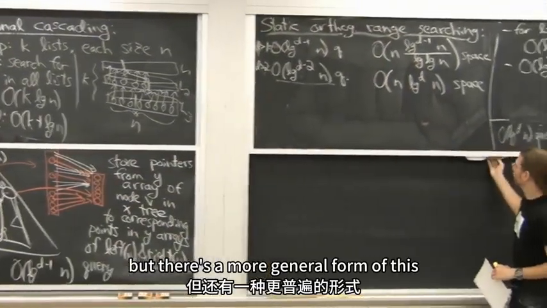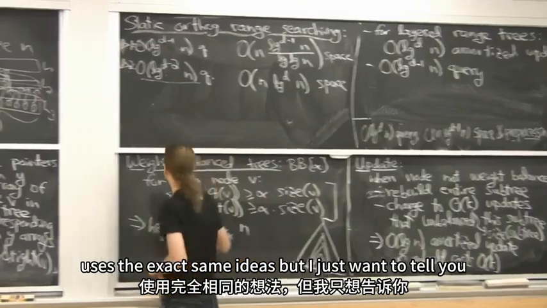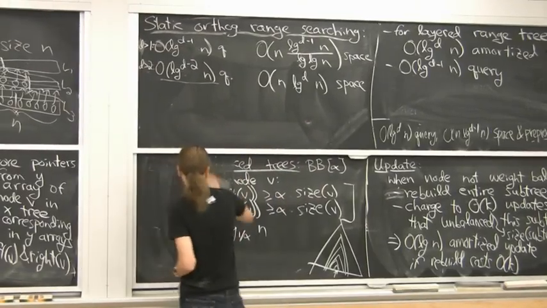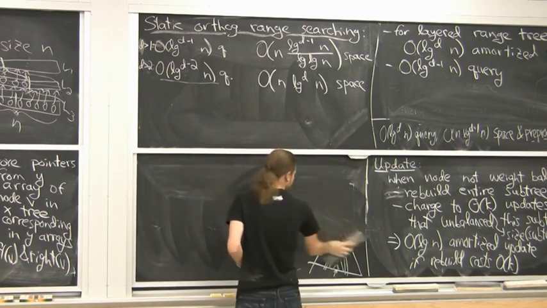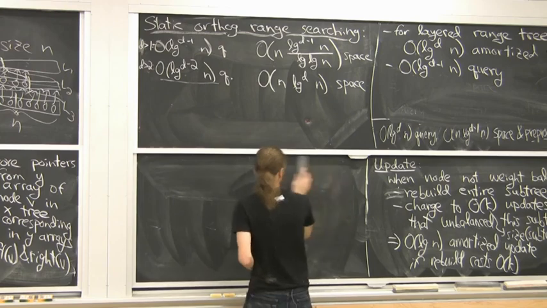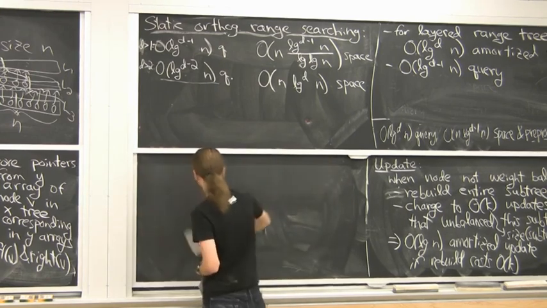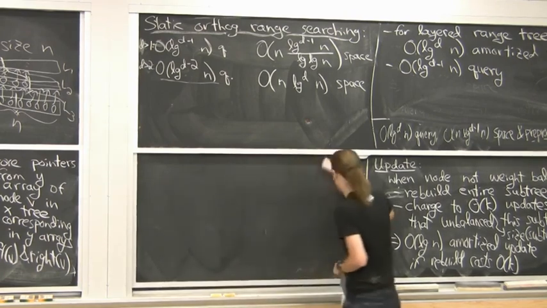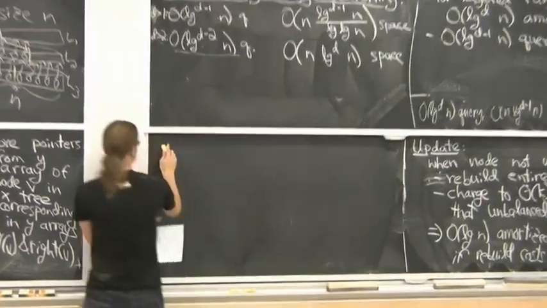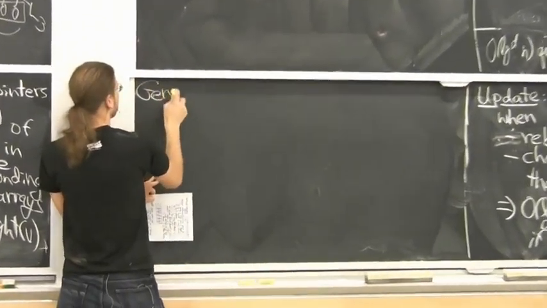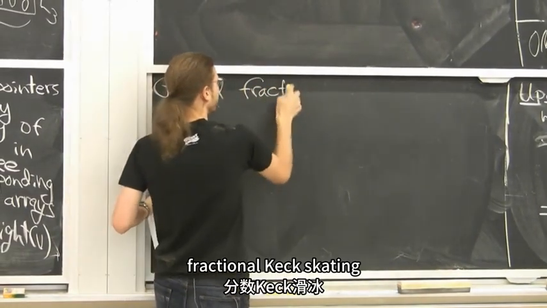But there's a more general form of this. Uses the exact same ideas, but I just want to tell you how they generalized it. This is Chazelle and Guibas. So general fractional cascading.